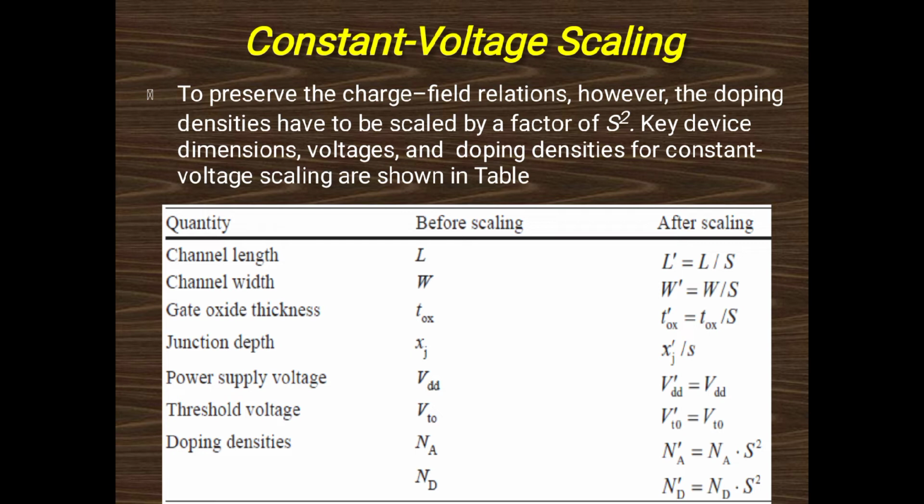The junction depth xj is also decreased by a factor of s. Coming to the power supply voltage, VDD maintains the same value, because constant voltage scaling means we maintain the threshold voltage as well as the supply voltage at constant values. The doping concentrations NA and ND are increased by a factor of s square.